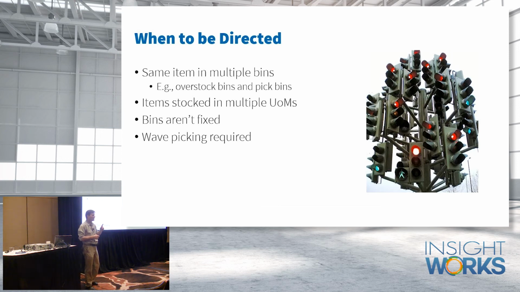Now the other thing is, don't store multiple units of measure in the same bin. That causes problems, right? It causes problems if a warehouse worker goes up and you've got both eaches and boxes in a bin, and it says pick 3, and he grabs 3 boxes, and it causes hassles.